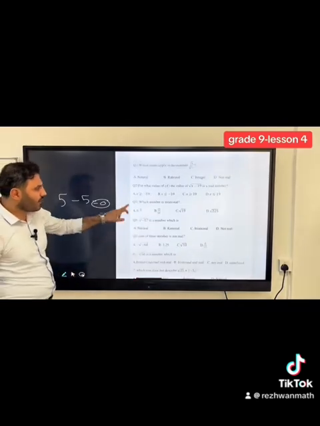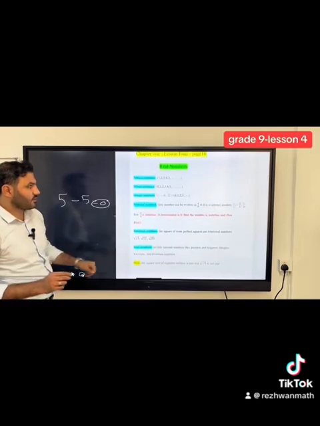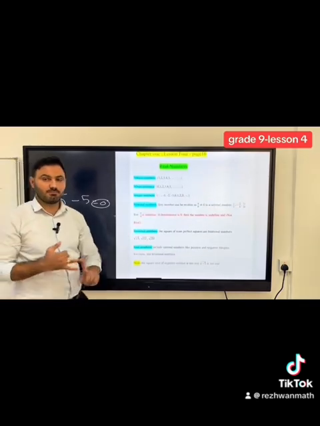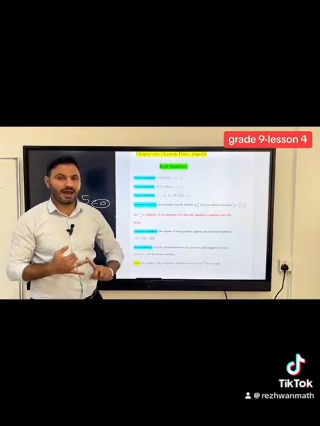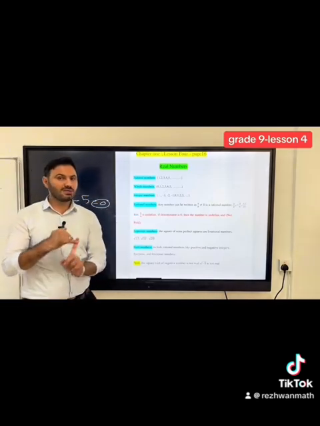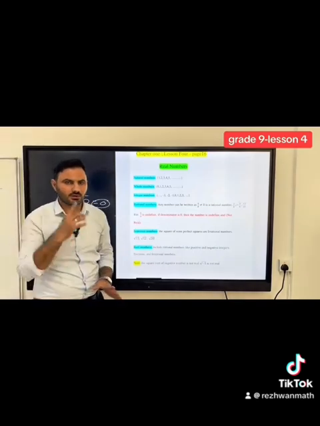Going back to the first page, I said the difference between natural numbers and whole numbers is 0. We have 0 in whole numbers, but natural numbers don't have 0.